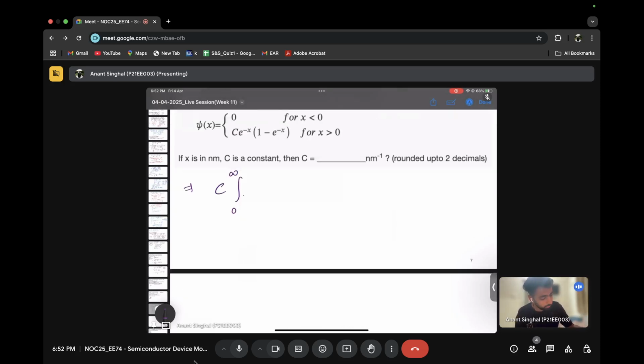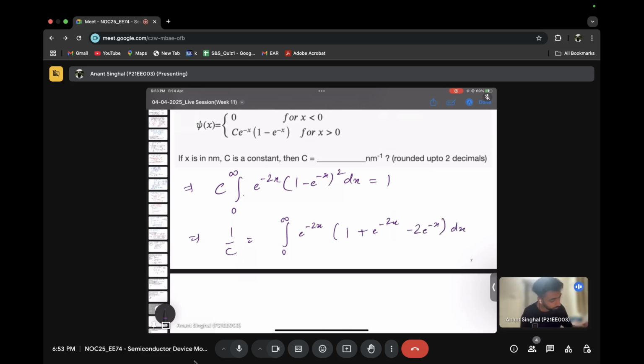So it is C, and then e raised to power minus 2x, that is a square, and minus e to the minus x square dx is equal to 1. So basically, I can write 1 by c is equal to this integral from 0 to infinity. This is 1 plus e raised to power minus 2x minus 2 e raised to power minus x, whole squared.